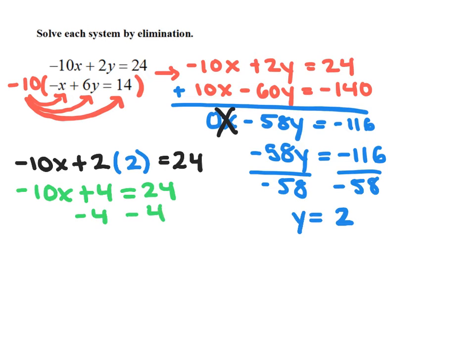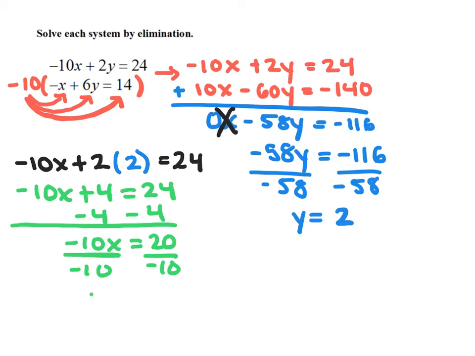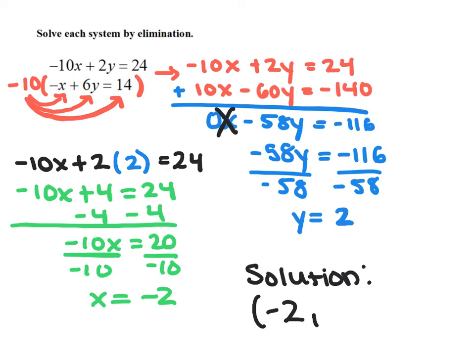Subtract 4 from both sides to get negative 10x equals 20, and divide both sides by negative 10 to get x equals negative 2. So the solution to this system is negative 2, 2.